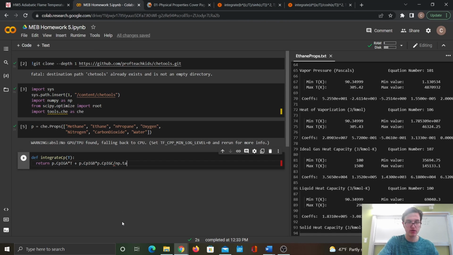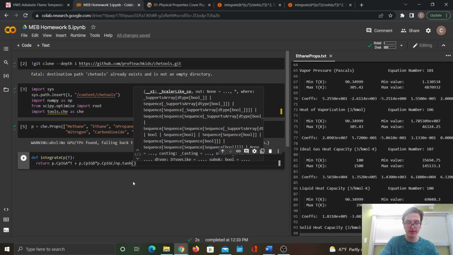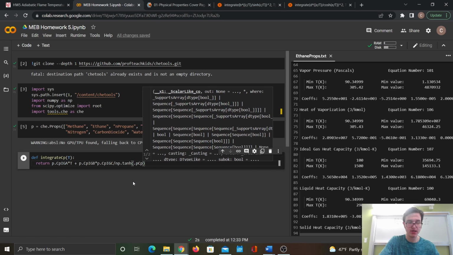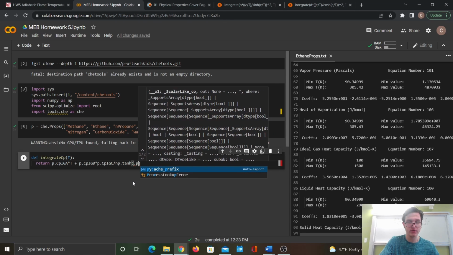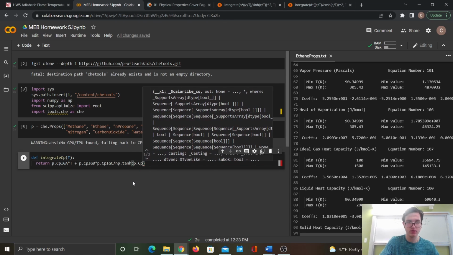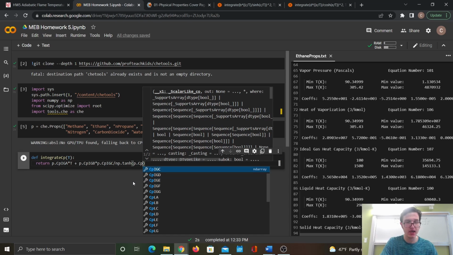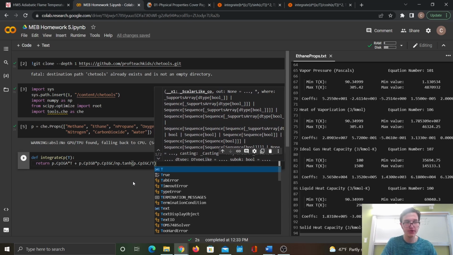numpy dot tanh. Good, that shows up. And now we want, again, the properties, the heat capacity C, divided by temperature.